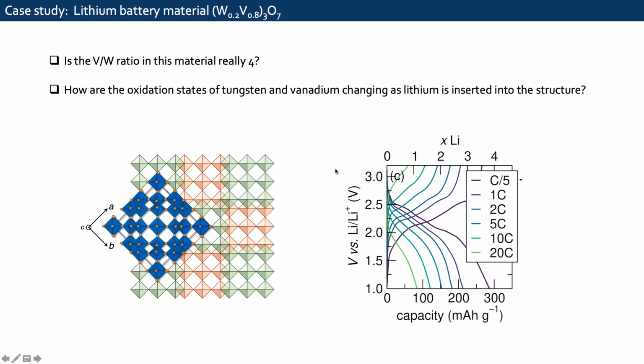So we want to ask, is the tungsten vanadium ratio in this material really 4? And as we insert lithium into the structure, discharging from 0 to 4, how are the oxidation states of the tungsten and vanadium changing?